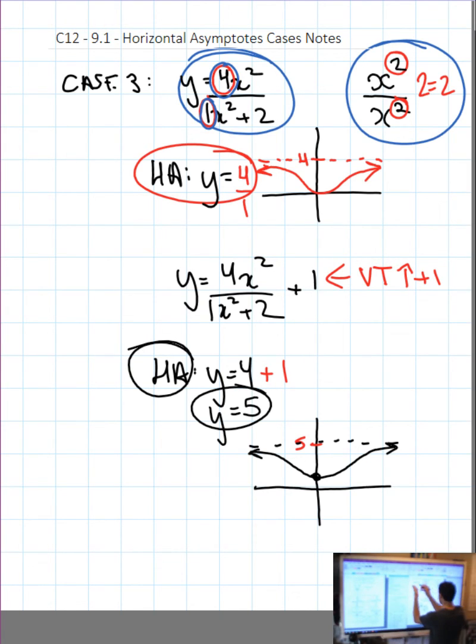If case 3 is modified with a vertical translation up 1, then the vertical translation up 1 makes the new horizontal asymptote up 1 from what it used to be at 4 to be at y equals 5.